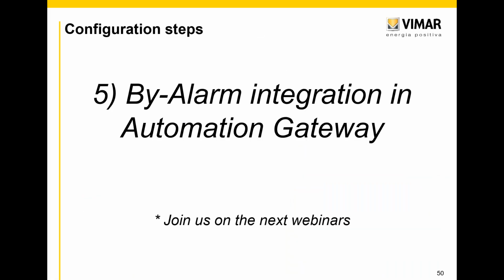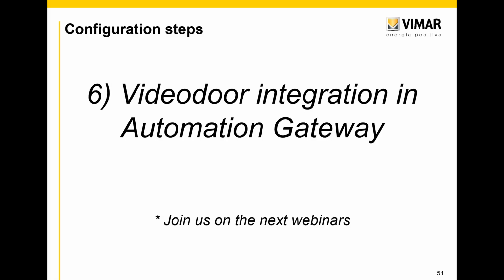Later on, associate and configure the Bialama automation gateway into the project. The video door as well. Please have a look, and participate in the next webinars about it, in order to exploit the integration. What does it mean? To use, for instance, the contact you have for the windows, the alarm contact that you use for the alarm system, to switch off, for instance, the Klima, or to use the information that somebody rings on the door to trigger a scenario.